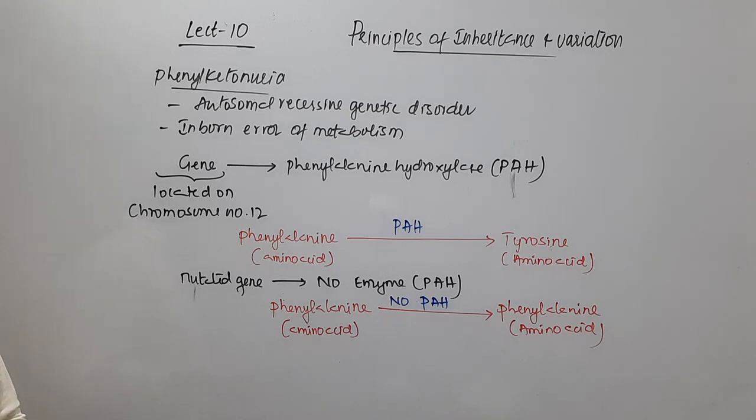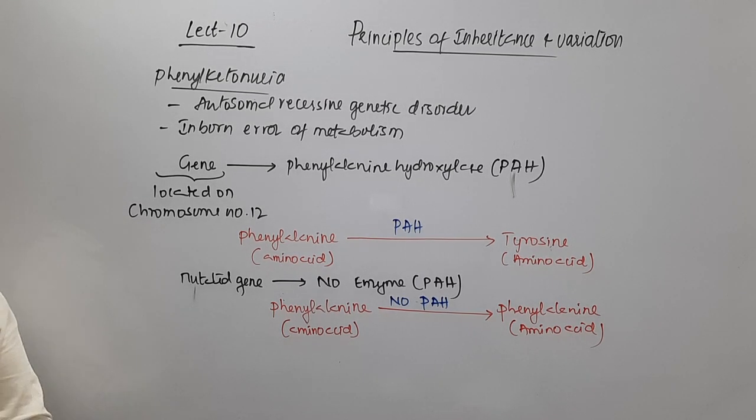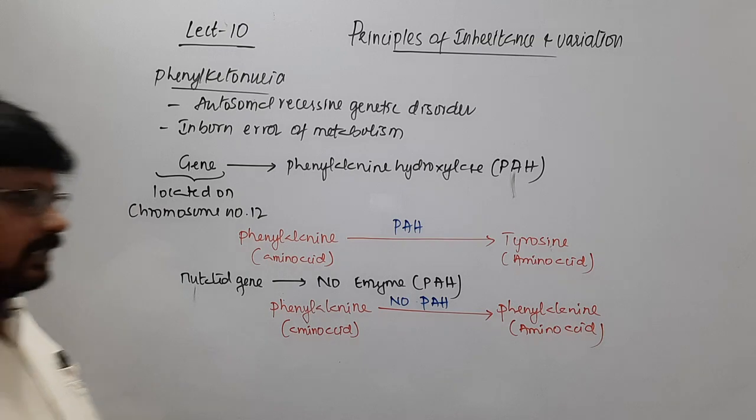Now what happens in this condition? It starts accumulating in the body tissues, and it will be converted to phenyl pyruvic acid and its derivatives.